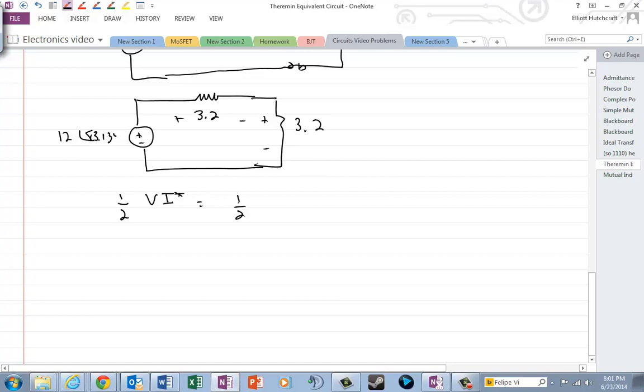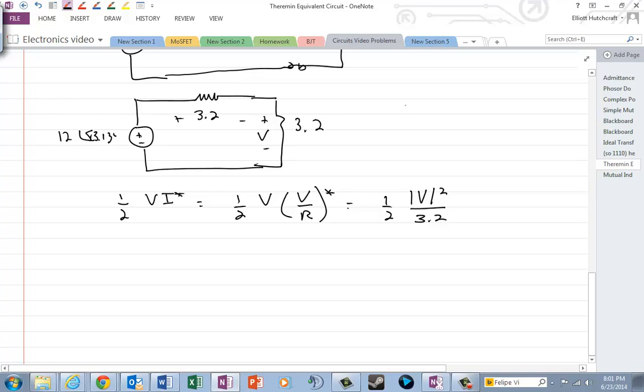I conjugate is going to be V over R conjugate. So we'll get 1/2 V V conjugate, that's the magnitude of V squared, over 3.2. Now what is this V that we've got right here across this 3.2?